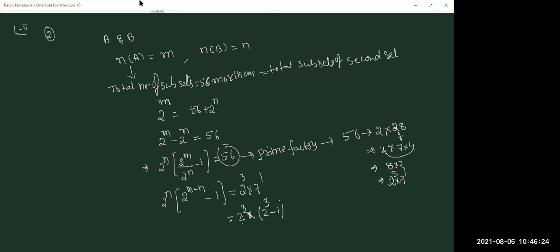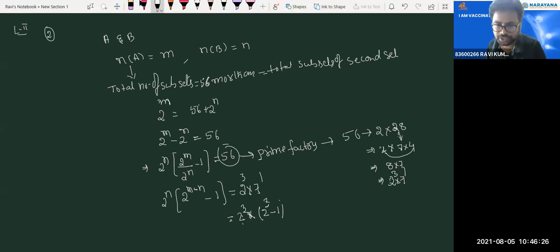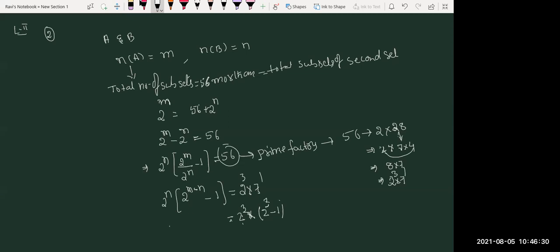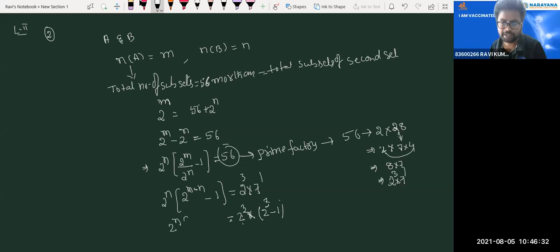Why? Because 2 cube is how much? 8. 8 minus 1? 7. So 2 power n into 2 power m minus n minus 1 equals this much. Correct?